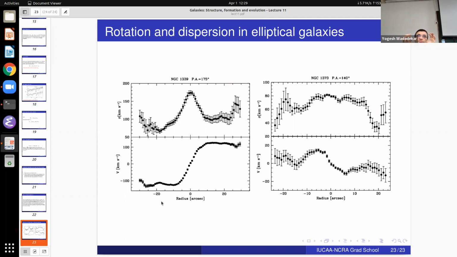Now, what you do find in a lot of elliptical galaxies is that they're highly elliptical, they're prolate ellipsoids, but they are rotating very slowly. So then you say that's pressure supported, because if it were rotationally supported, it should have been rotating really fast to become so elliptical.